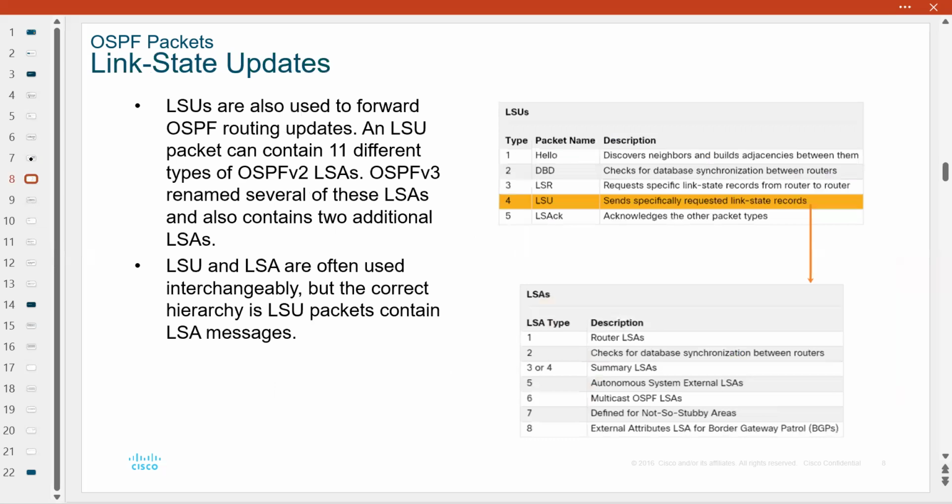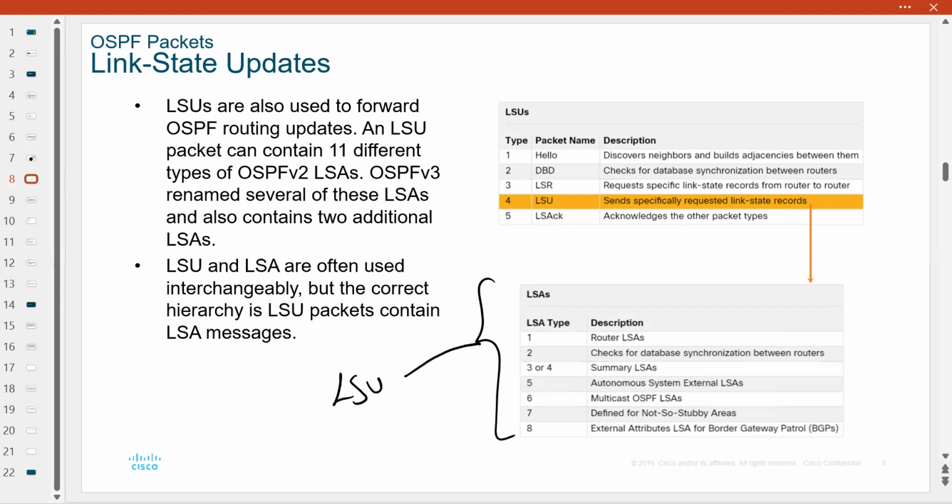Right. Link state updates. LSUs are also used to forward OSPF routing updates. An LSU packet can contain 11 different types of LSAs. So that's the thing I was talking about. An LSU is basically 11, and 8 though. The other 3, I think they are for version 3, with different names as well.